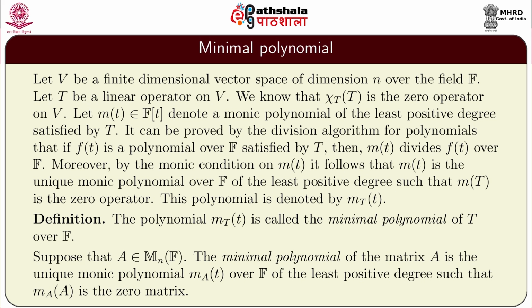But then if we evaluate this expression for the operator T, then we will see that r evaluated at the operator T becomes the 0 operator, but then the polynomial r(t) has to be the 0 polynomial, otherwise we will get a polynomial whose degree is smaller than the degree of m(t), which is of course not possible because m(t) is a monic polynomial of the least positive degree satisfied by T.